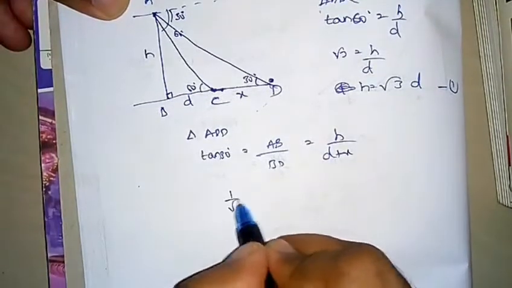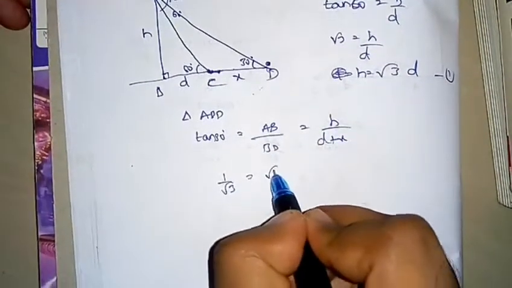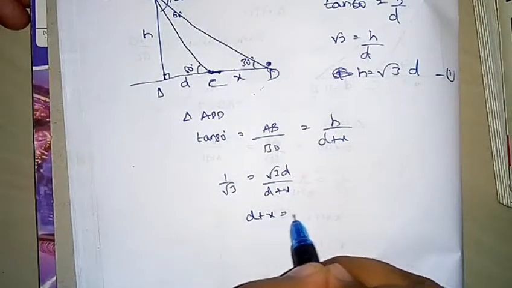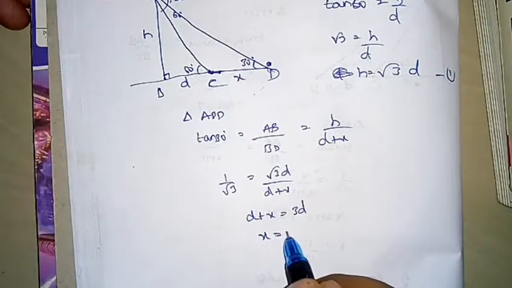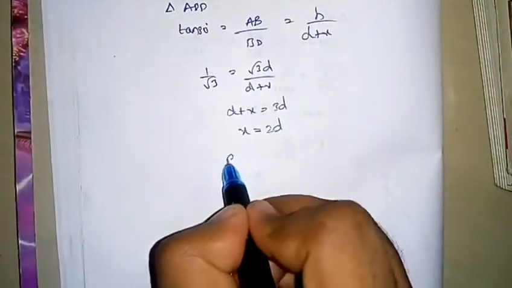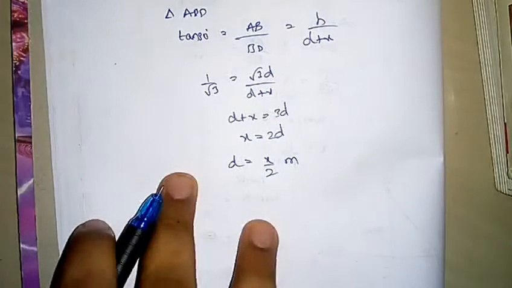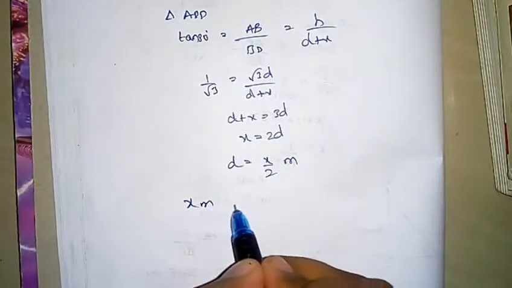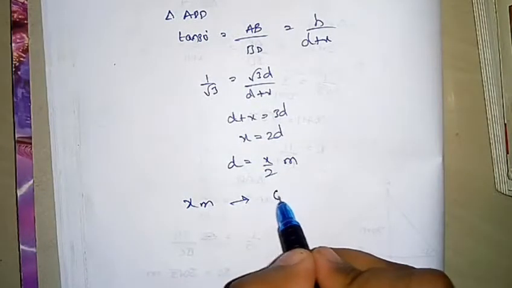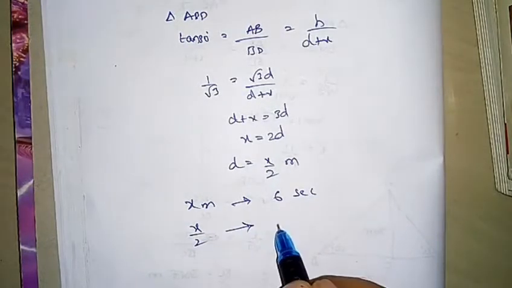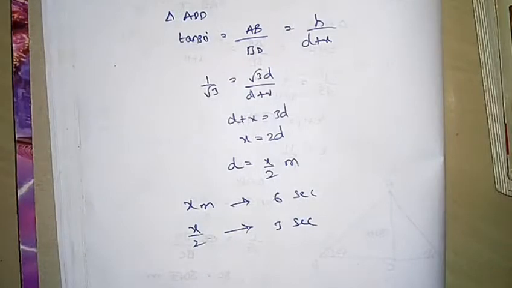Tan 30 is 1 by root 3, which is equal to root 3 d by d plus x. Therefore d plus x is equal to 3d, x is equal to 2d, or d is equal to x by 2 meters. So for x meters, time taken is 6 seconds. So for d, which is x by 2 meters, time will be 3 seconds. That's the answer.